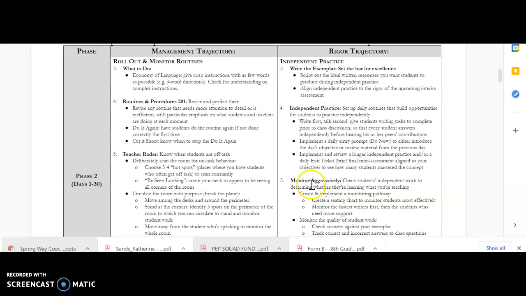Again, monitor aggressively is always going to be on the, actually, that could be twofold, but in this particular case, it's on the instructional side because you want to monitor it aggressively with the exemplar in your hand, right?